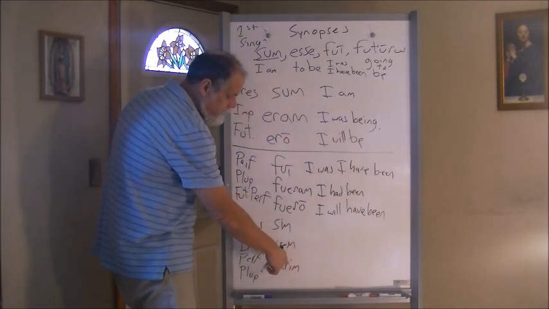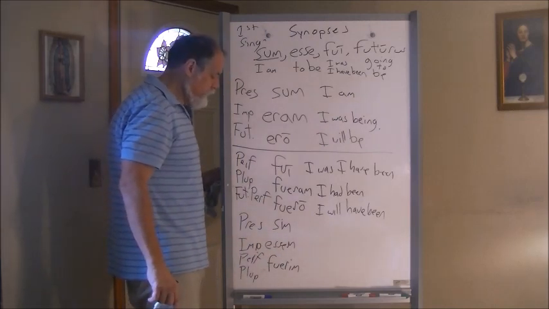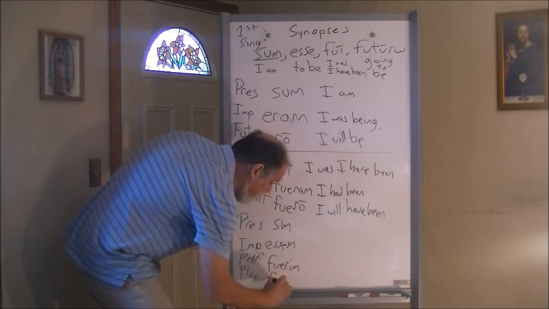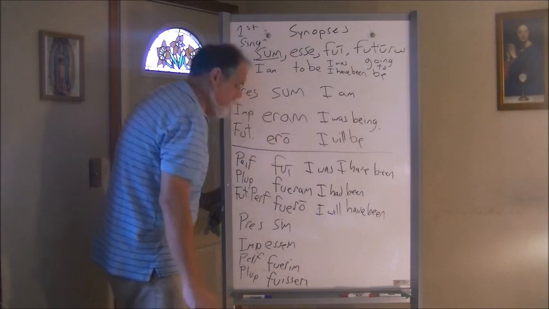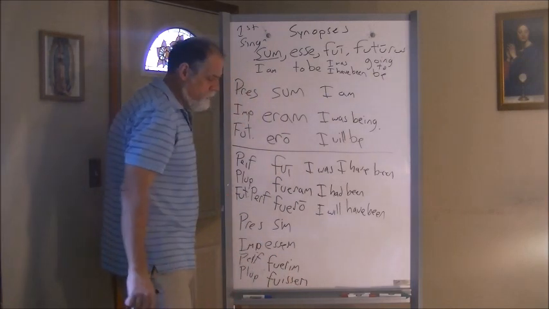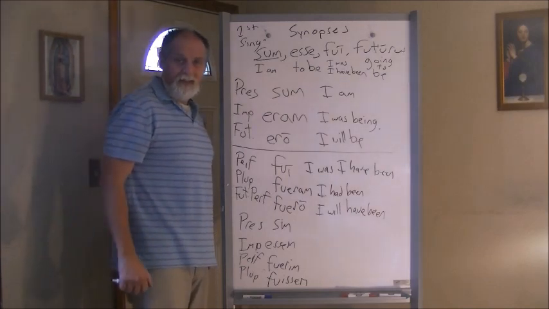Okay? You have the change to the M. So you should have fuerim for the perfect subjunctive. And for the pluperfect subjunctive, you have fu, isse, and M. Fuissem. So that is, again, stem, tense sign, and the personal ending. Fuissem. And that completes our synopses.